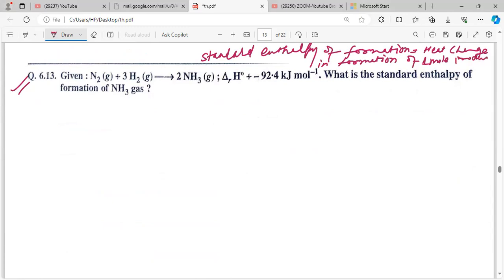Now solve. You read the question first. I have given N2, H2, and NH3, with delta H minus 92.4. Standard enthalpy of formation of NH3, yes.